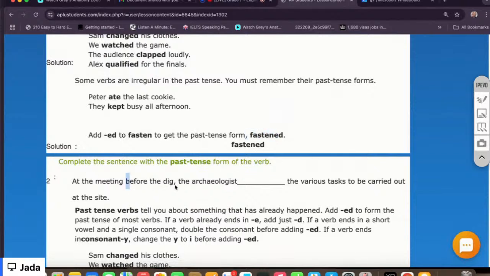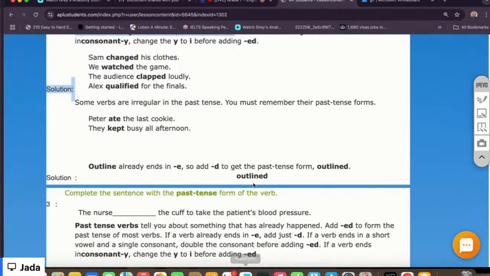At the meeting before the dig, the archaeologists dash the various tasks to be carried out at the site. This is also asking for past tense. So you have to take notes when you answer your question so that you don't click on the incorrect one. So we have outlined. Okay, this is the same question.